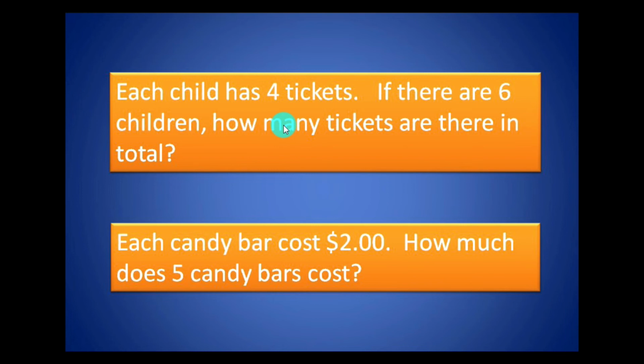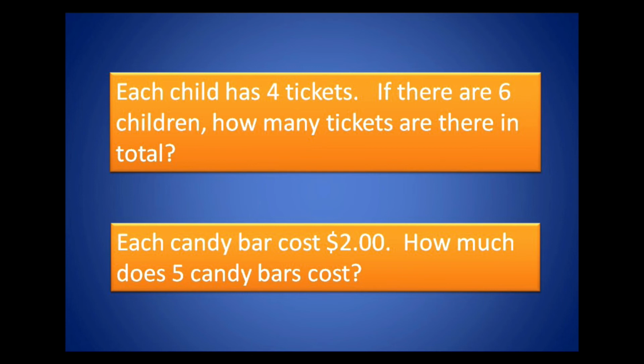So again, know your multiplication facts. Now, here's the second one. Each candy bar costs $2. How much do 5 candy bars cost? If you look at that, again, you don't want to speed through it, see the numbers and go, okay, 5 plus 2, $7. No, because each candy bar is $2.